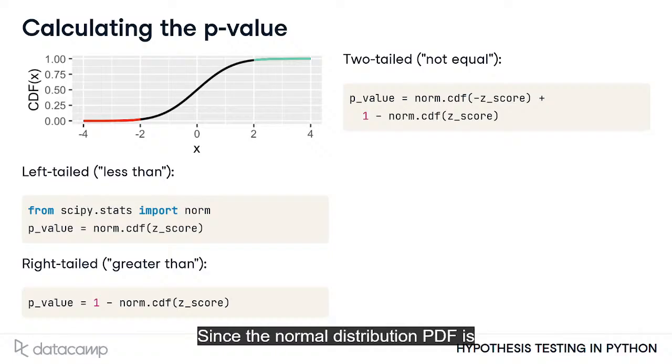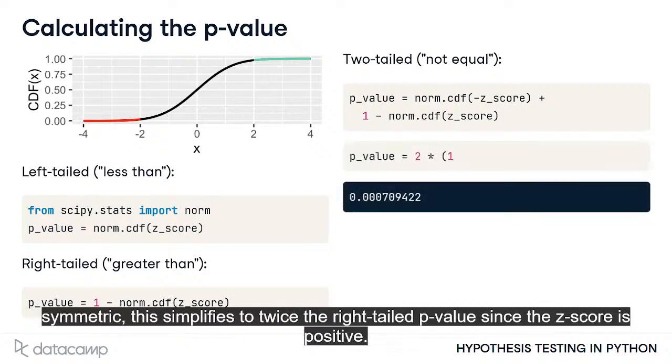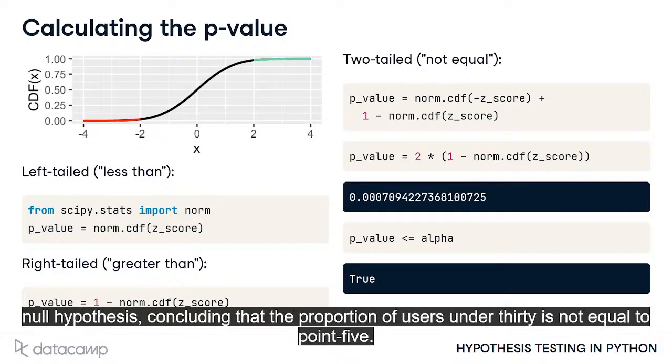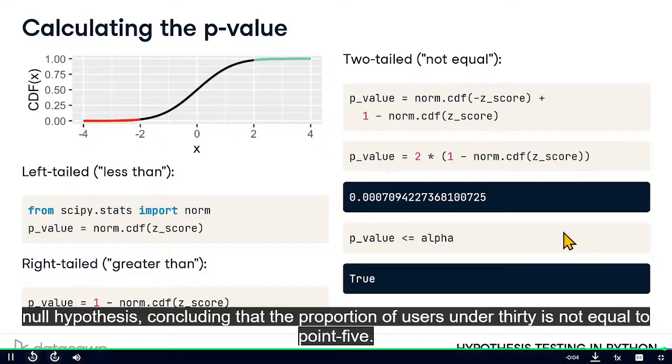Since the normal distribution PDF is symmetric, this simplifies to twice the right-tailed p-value, since the z-score is positive. Here, the p-value is less than the significance level of 0.01, so we reject the null hypothesis, concluding that the proportion of users under 30 is not equal to 0.5.